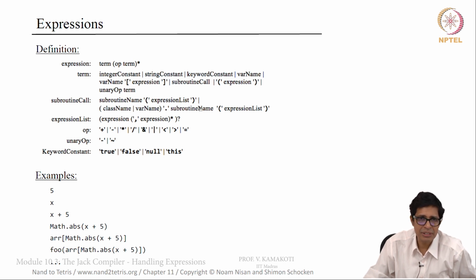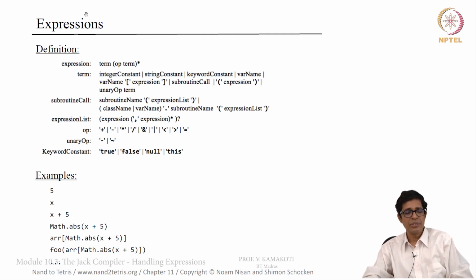Then it can be an expression within parenthesis, or a unary operator and a term. There are two unary operators, minus and negate. And what is an expression list? It will be expression comma expression multiple times, and there can be subroutines without any expression also. So, these are all the things.